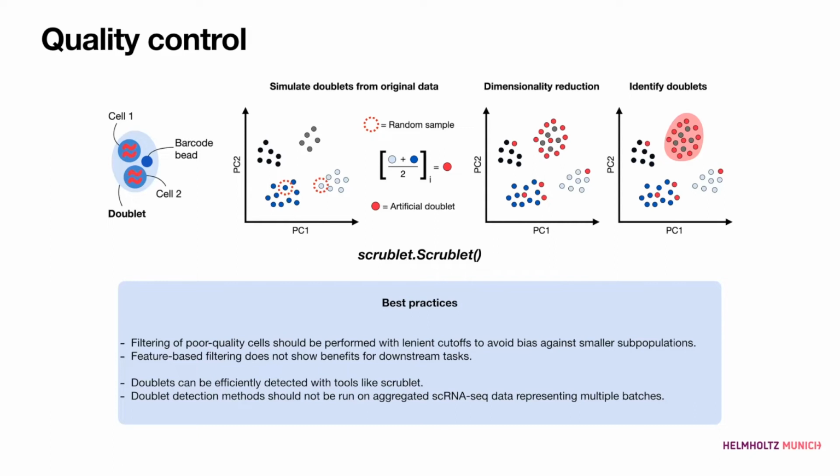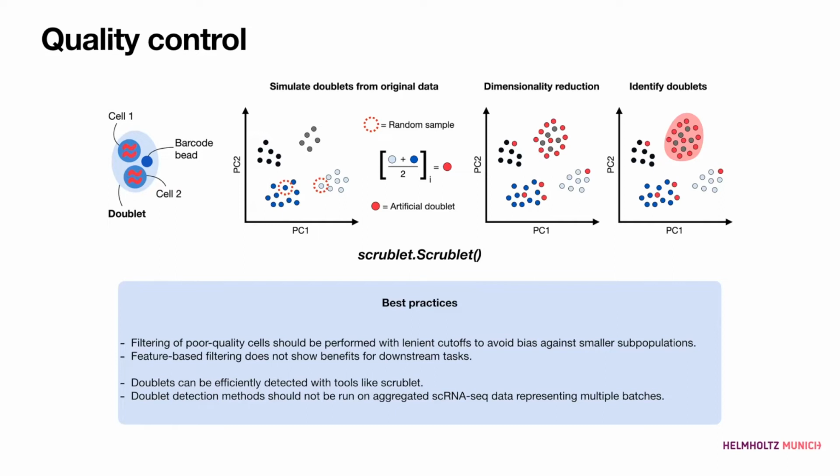The simulation takes two cells, averages them, and puts them back in your data. Then you can identify likely doublet cells, cells that have many simulated doublets as neighbors in your KNN graph. And this is essentially what scRNA does.